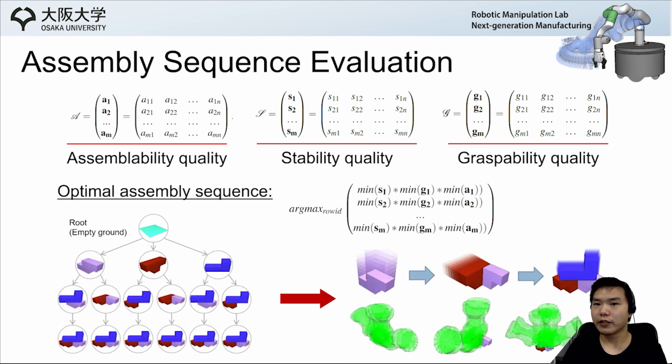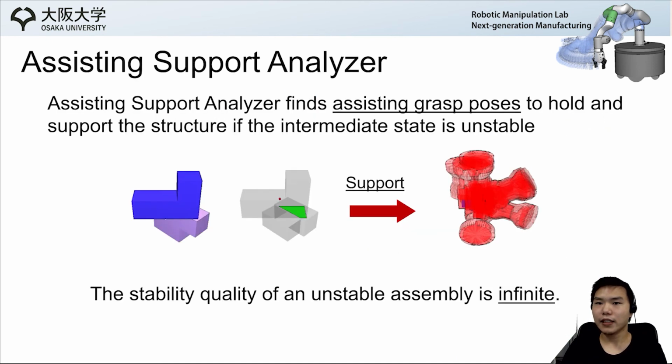It outputs the optimal assembly order, grasp poses, and assembly directions. In addition, a system support analyzer finds assisting grasp poses to hold and support the structure if the intermediate state is unstable. These grasps are generated considering not blocking the way of assembling the next upcoming parts.